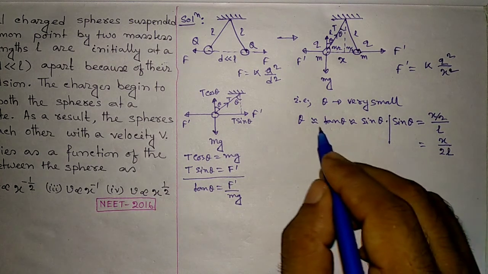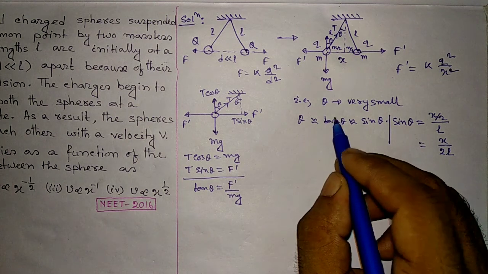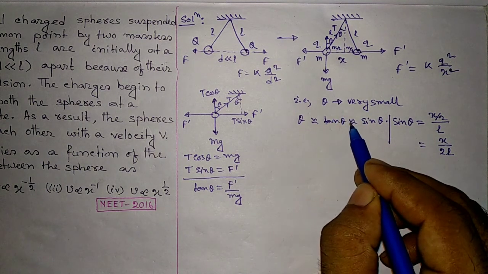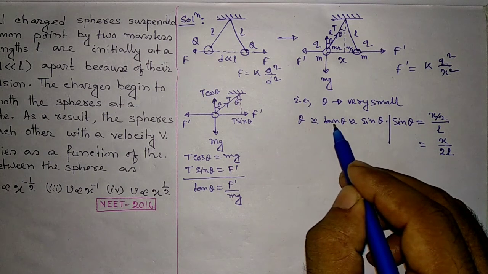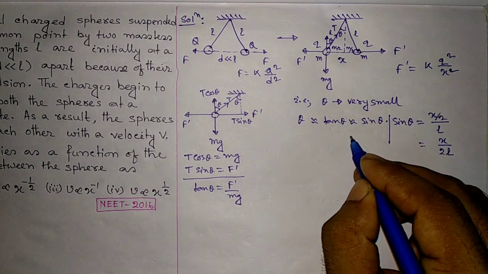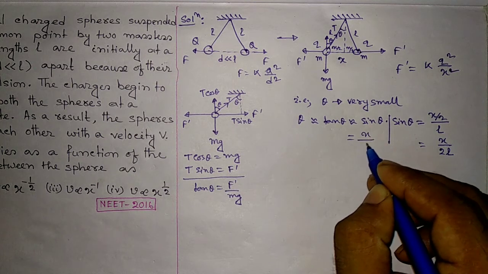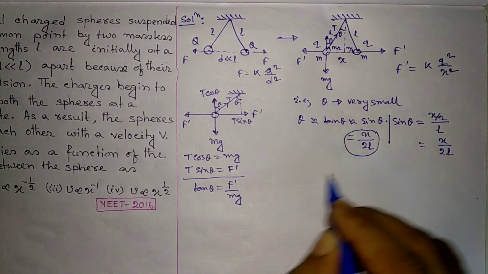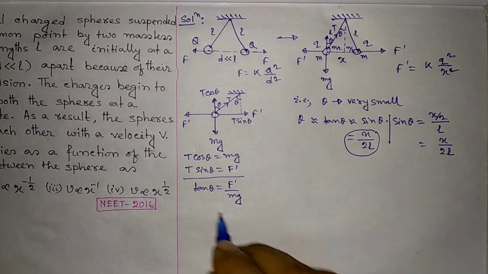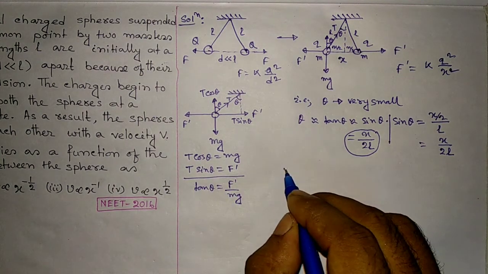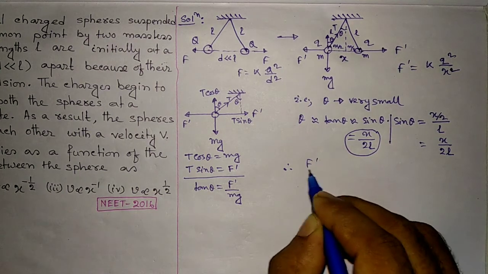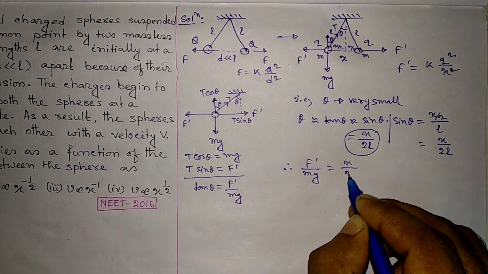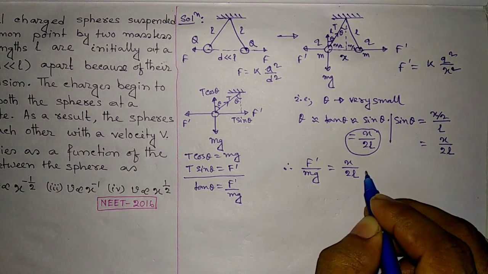As theta is very small, theta is nearly equal to tan theta, nearly equal to sin theta, which is x by 2L. Here tan theta is equal to F dash by mg. So we can write F dash by mg is equal to x by 2L.